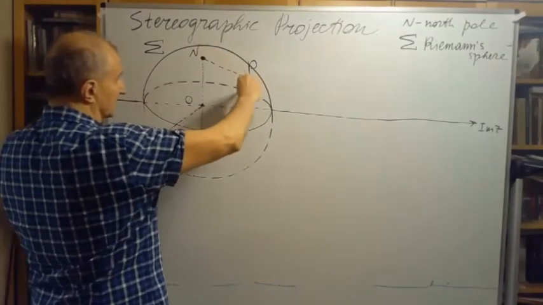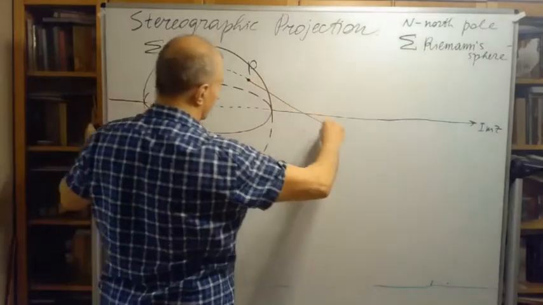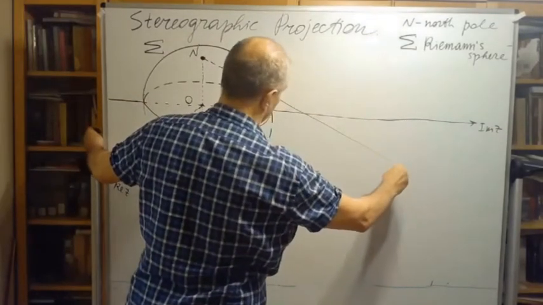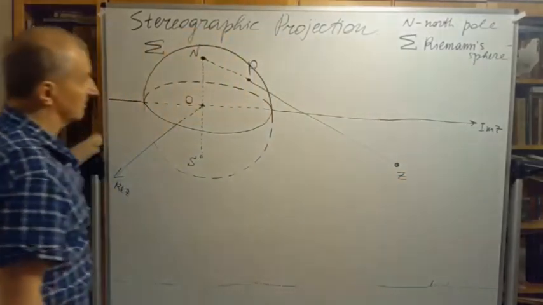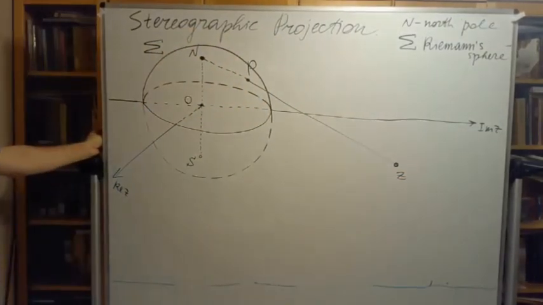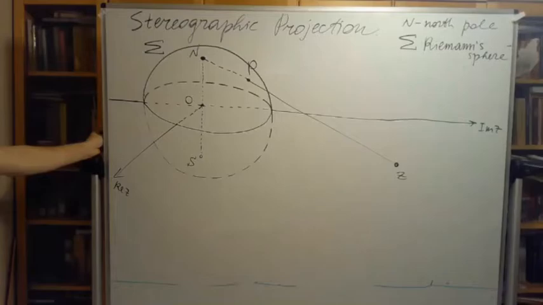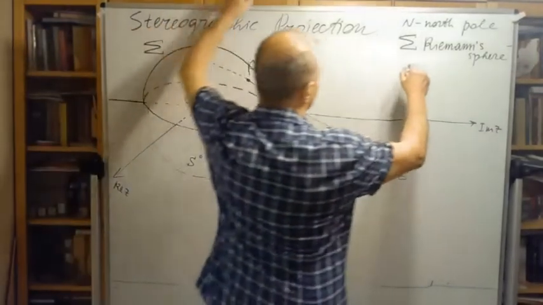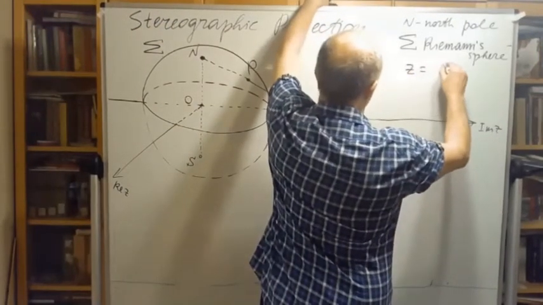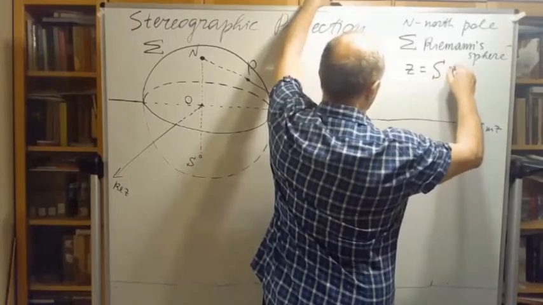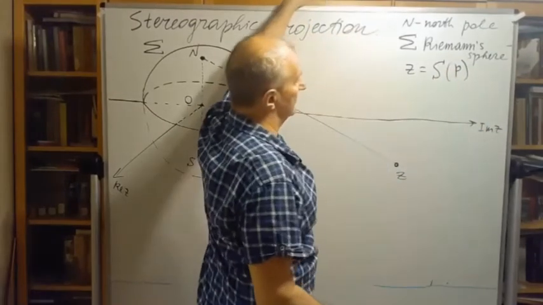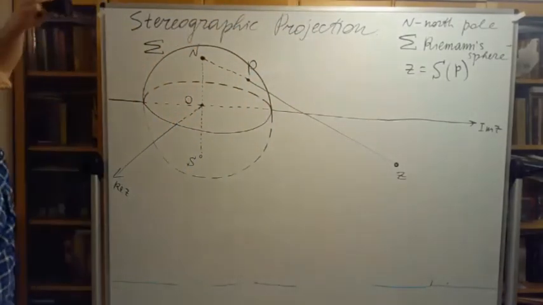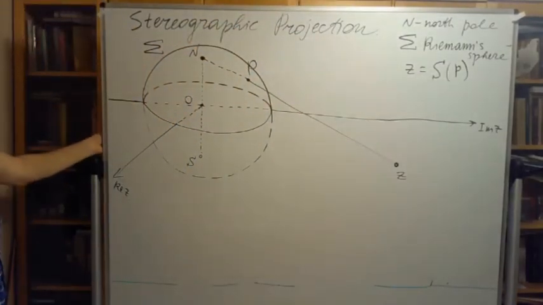It's invisible inside the sphere, but then it becomes visible here. This will be point Z. So Z is the stereographic image of point P. And this S will be our notation so far for stereographic projection.